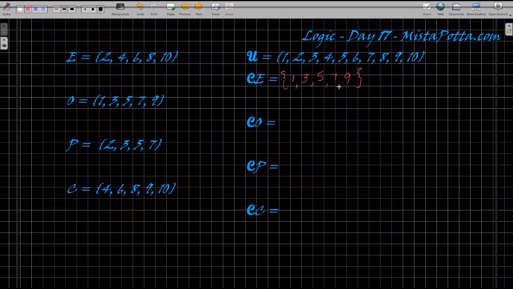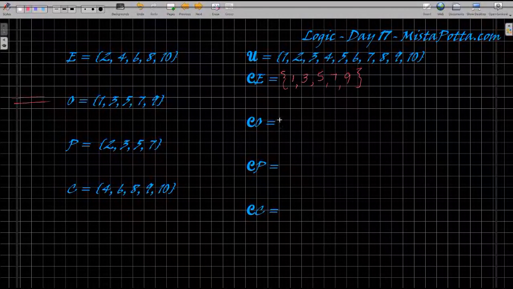Now, if you notice, that looks suspiciously like this set here. O contains 1, 3, 5, 7, and 9. And so there are some situations where we'll see that the complement of a given set is another one of our given sets.